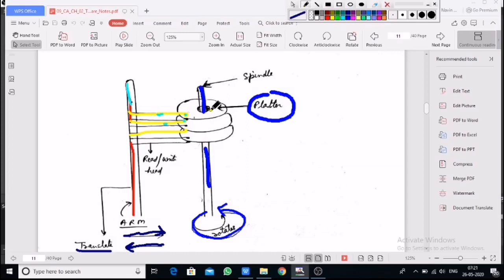At the same time it rotates and the arm translates, and with these two movements, rotation and translation, the heads start writing on the surface of the platter, on the tracks and sectors, covering all its areas. And this is how the data is written into the platter, the hard disk drive.